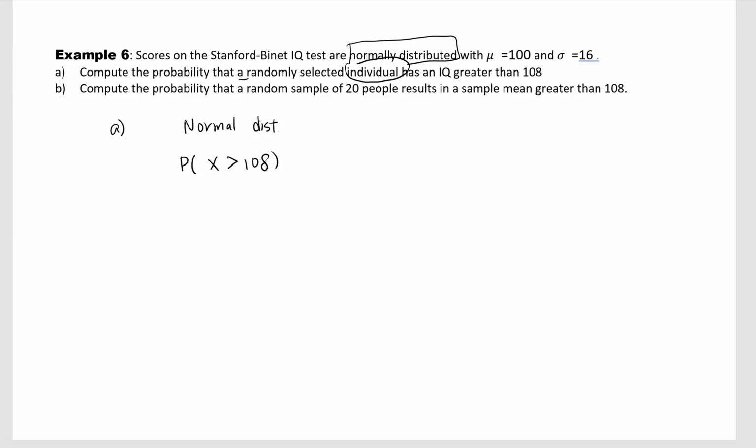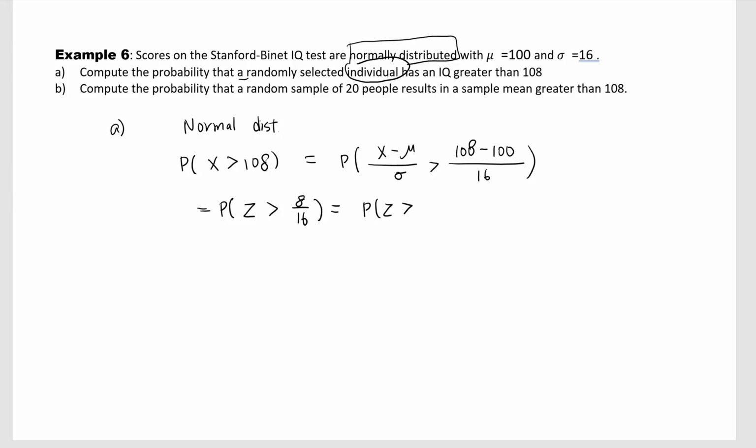If we have a normal distribution, we need to convert it to the standard normal distribution, which is x minus mu over sigma. So 108 minus 100 over 16, and this is z. 108 minus 100 is 8, over 16, that's 1/2, so 0.5.